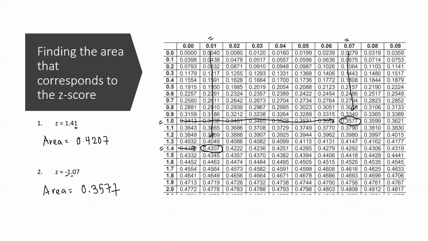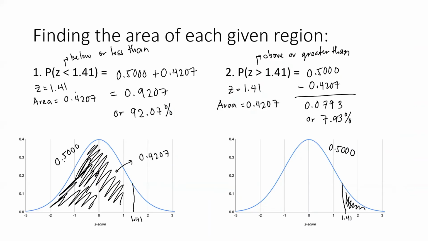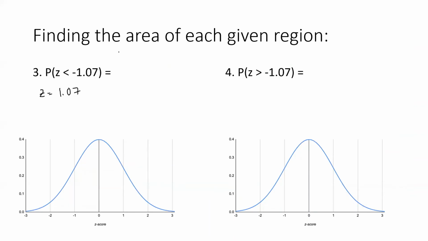So we can say that the area that corresponds to this value is 0.3577. Since the Z value is negative, which is negative 1.07, we can plot here.